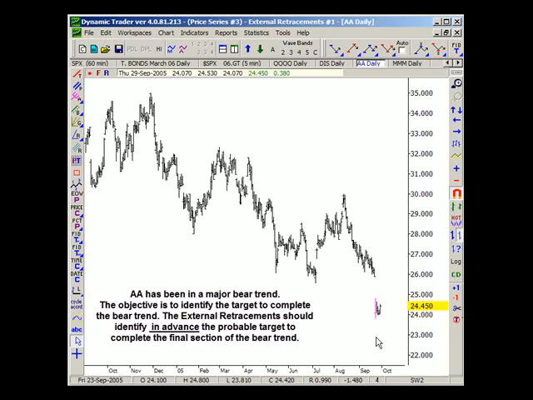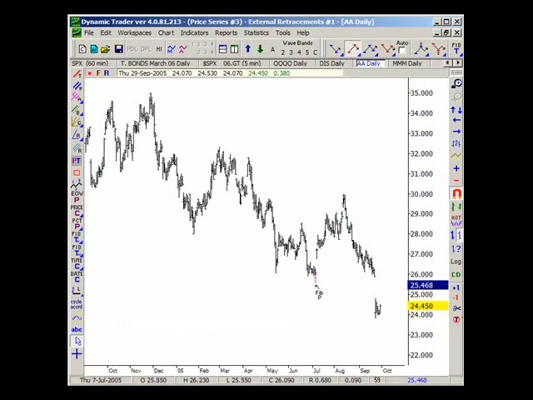So if that's the case, typically the last section of the bear trend, the last section down, will be complete at or very near either the 127 or 162% external retracement. So let's make those, and we'll make them from the low to the high.